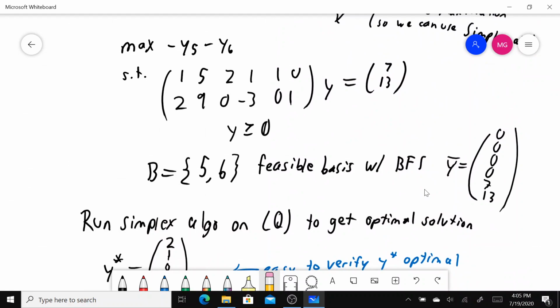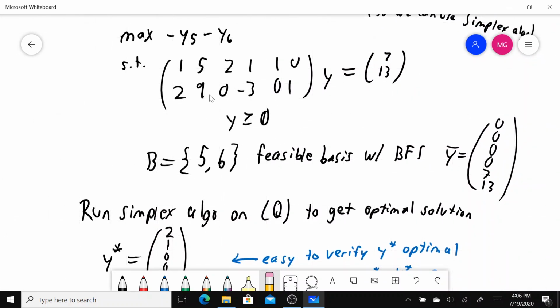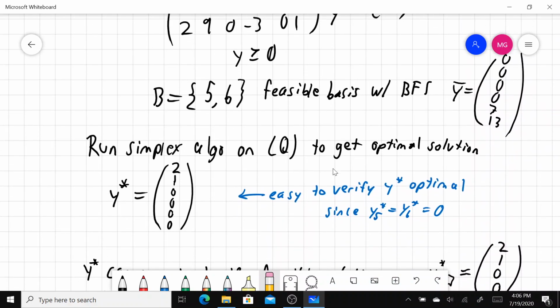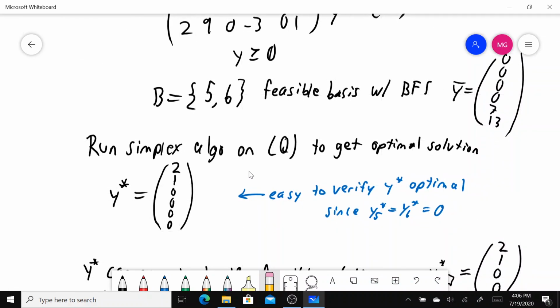That's always what you do. There's no work involved in that. We just get that automatically by how the auxiliary program is defined. And now that we have our basic feasible solution, y bar, we can run the simplex algorithm on Q here to get an optimal solution.